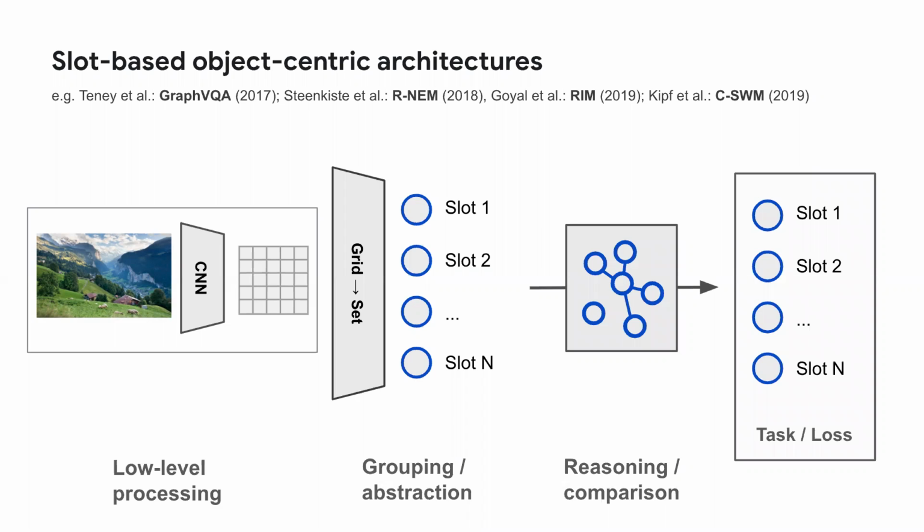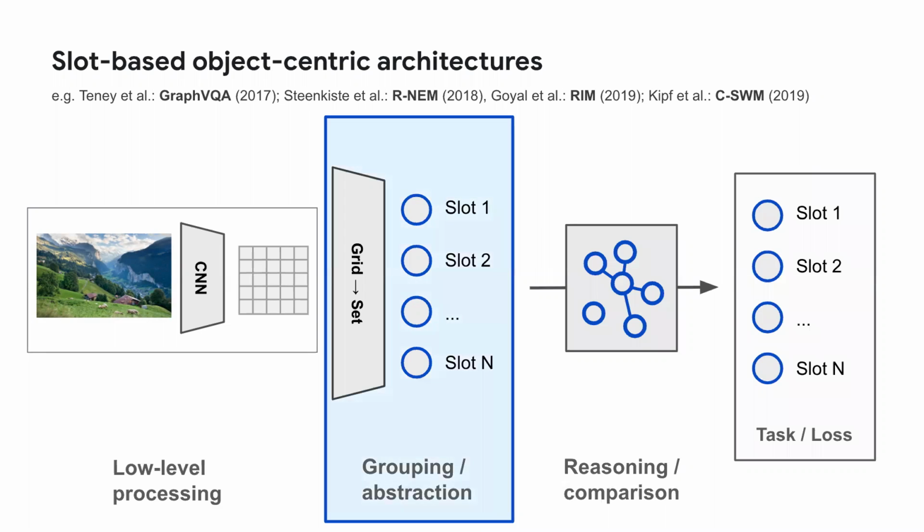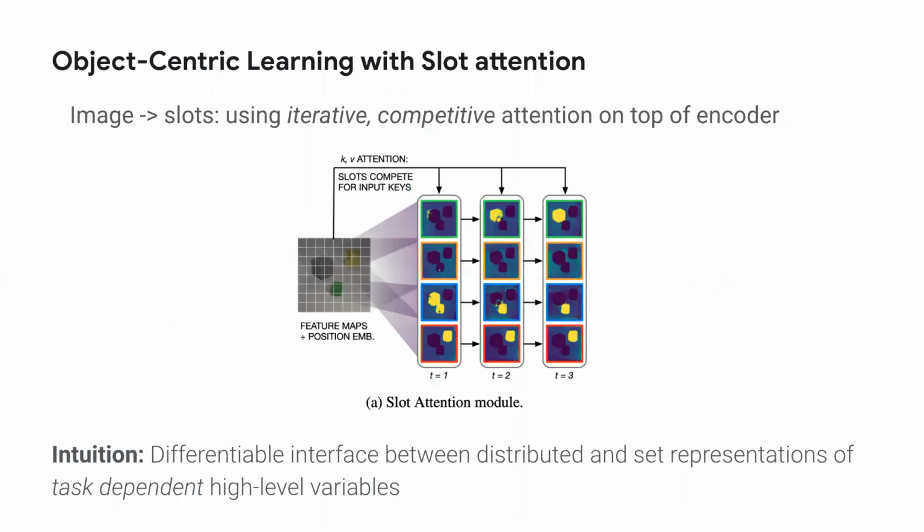For the purpose of this talk, I'm going to focus on the grouping, and we are not going to have any type of reasoning, so this third step is not present. So slot attention is a differentiable interface between distributed and set representations.